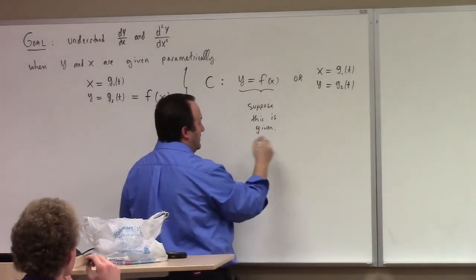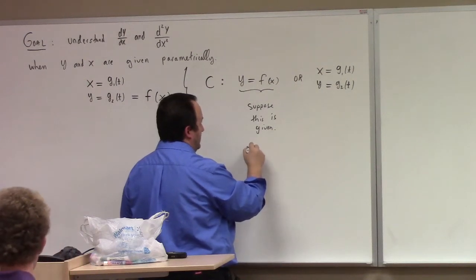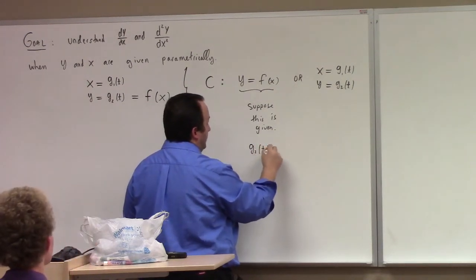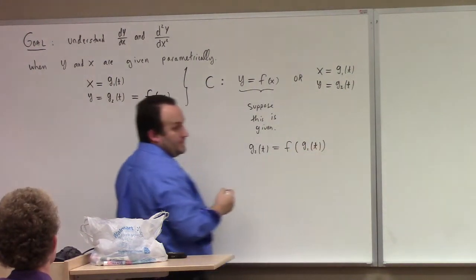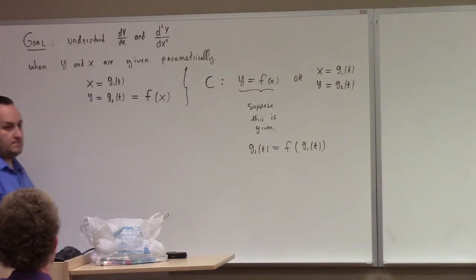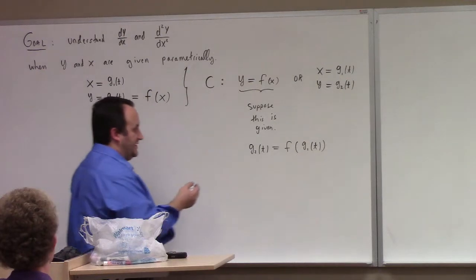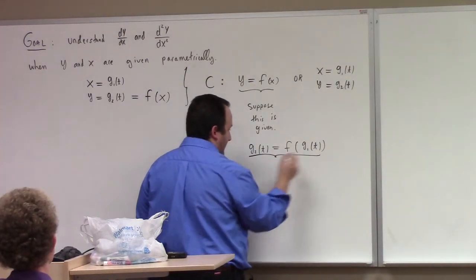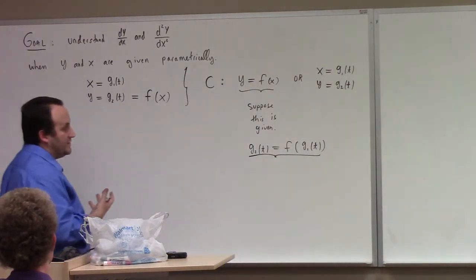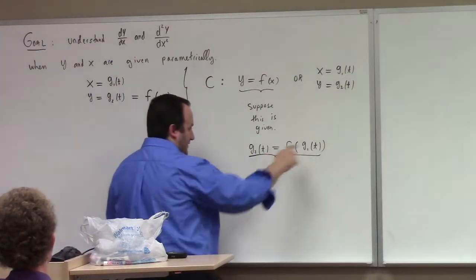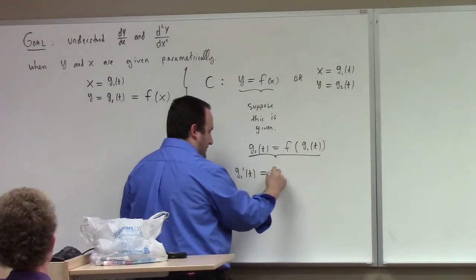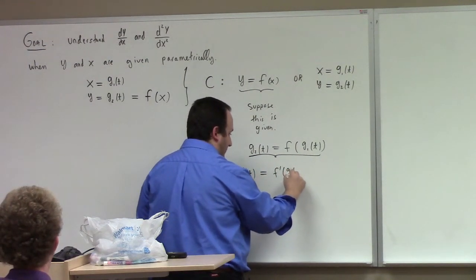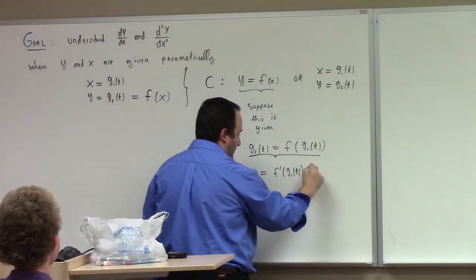We have to have that g2 of t should be equal to f of g1 of t, right? Now, this is nice because we can differentiate this and understand the relation. So if I differentiate this, I get g2 prime equals f prime of g1 of t times g1 prime of t.